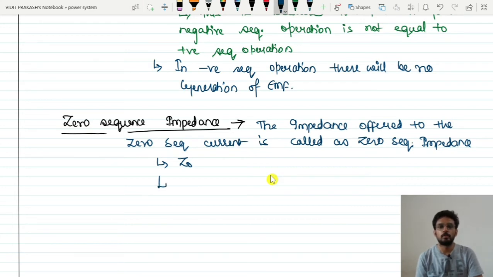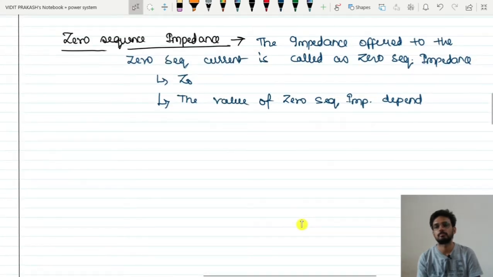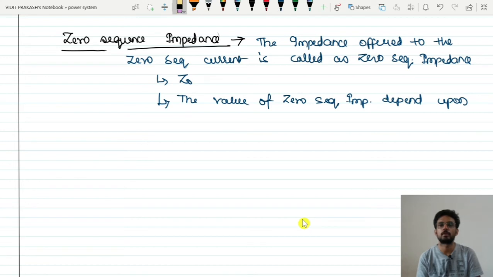The value of zero sequence impedance actually depends upon the neutral grounding that we have provided.